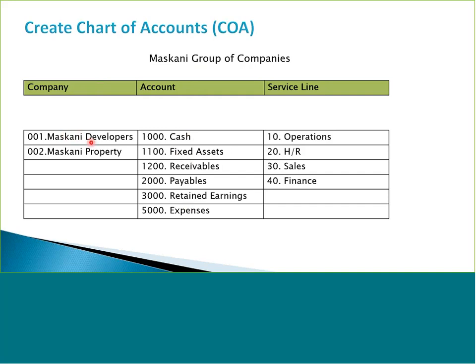So we have one company, the Maskani developers, Maskani property. And by the way, these are the companies that we are going to use in the system as we do our own implementation. But this is a very redacted or truncated view of our chart of accounts. Ours is going to be a bit more complex with more segments. But this is just an example so that you can understand this concept.